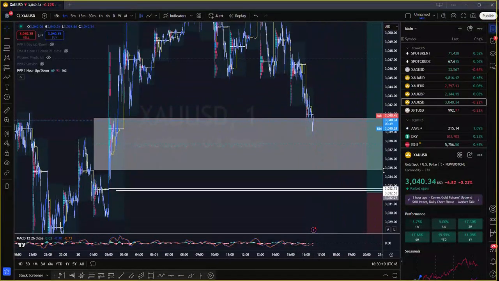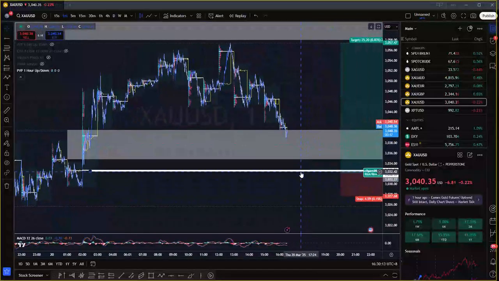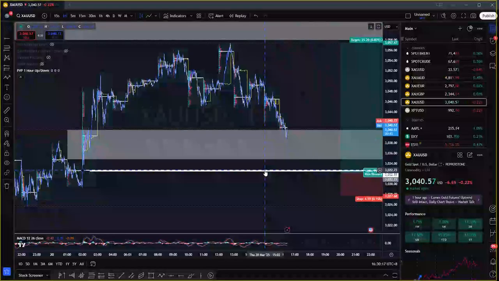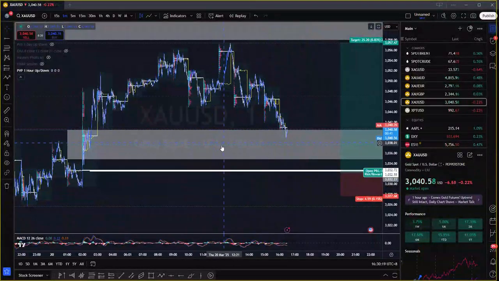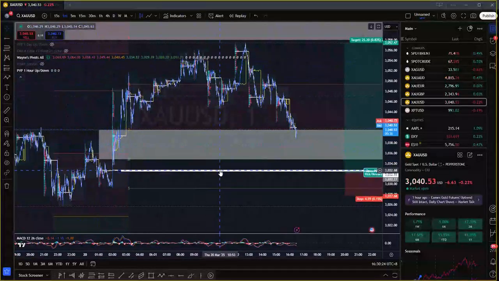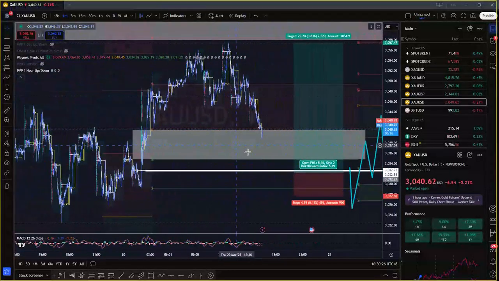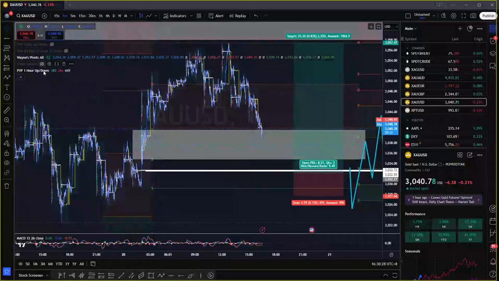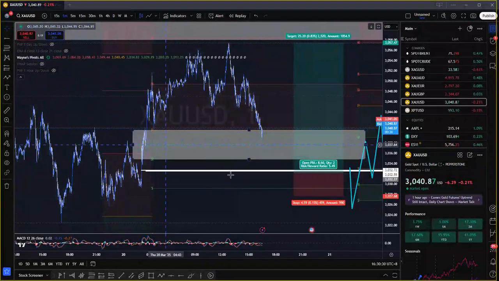Okay, so right now, the only volume that we should take note of is the 3032 level. Okay, it's backed by the volume, and it's also sitting inside the pivot M2 level. Yeah, it's getting a little confusing.